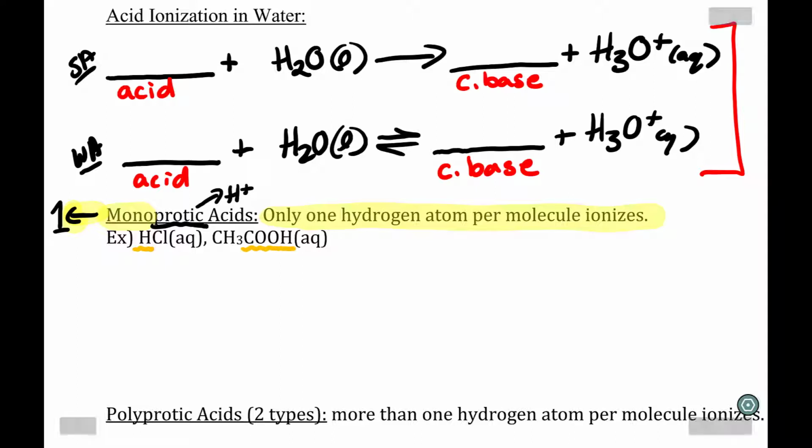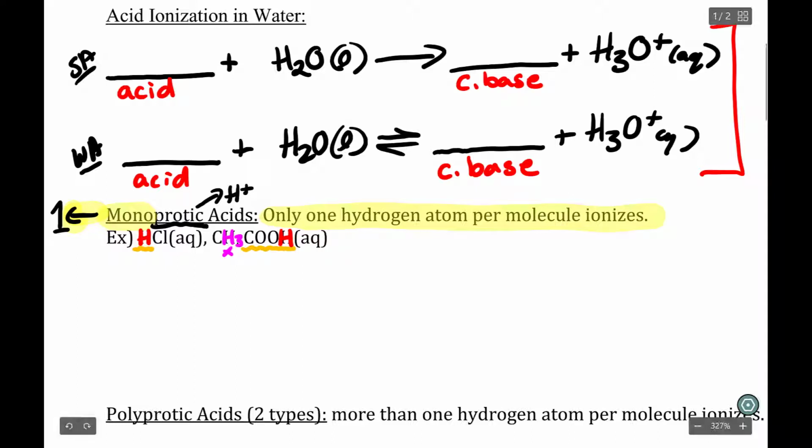Only this H on the very end ionizes, not the ones that are beside this carbon here. And this is due to the fact that these three hydrogens are in nonpolar bonds with this carbon, and water doesn't have the ability to strip those hydrogens off of the carbon due to the fact it is a nonpolar bond.